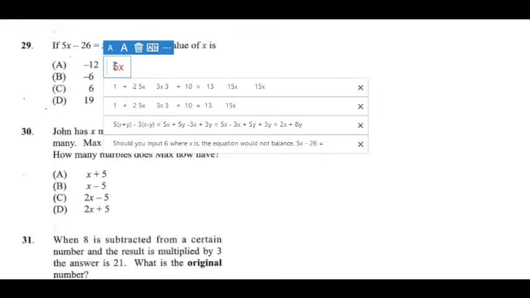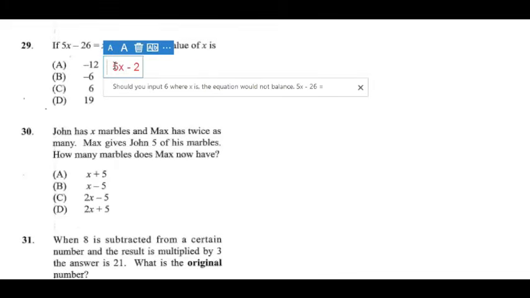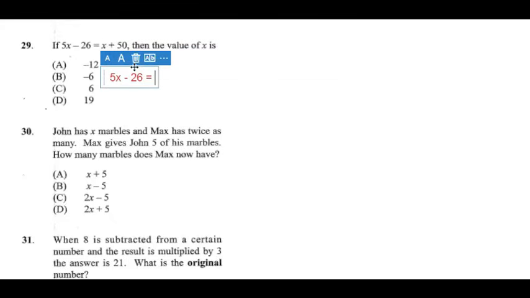So 29, if 5x minus 26 is equal to x plus 50, then the value of x is, so we're trying to solve for x, so it is 5x minus 26 is equal to x plus 50.